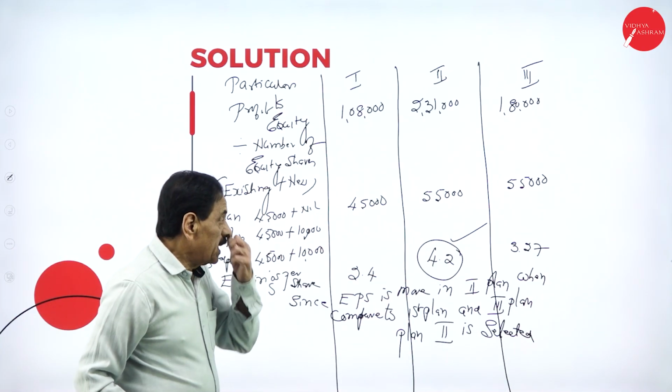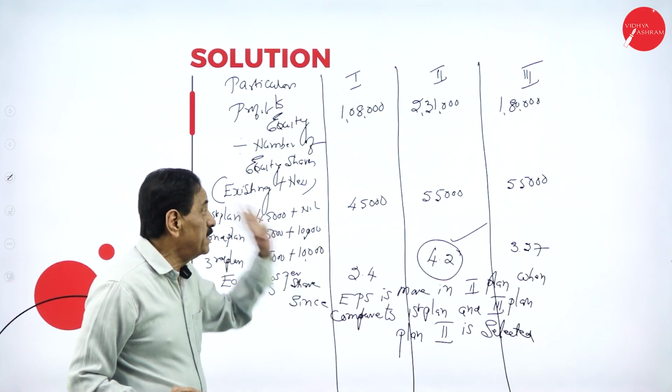So plan 2 is selected because the highest EPS is there.